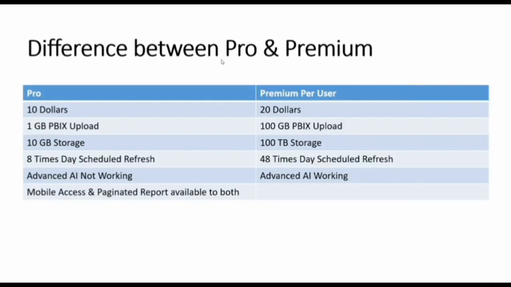Coming to what is the difference between Pro and Premium. It is quite a simple question, but candidates are not able to answer it. The reason I have put this question in the second technical round, though it actually comes in the first technical round, is that when I interview candidates, 6 to 7 out of 10 only say that Pro is $10 and Premium per user is $20.